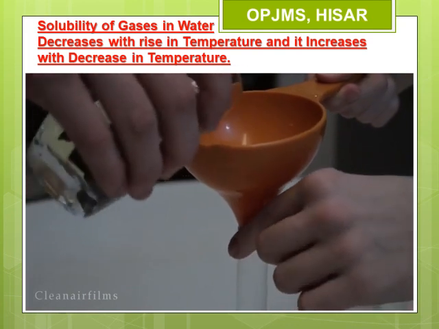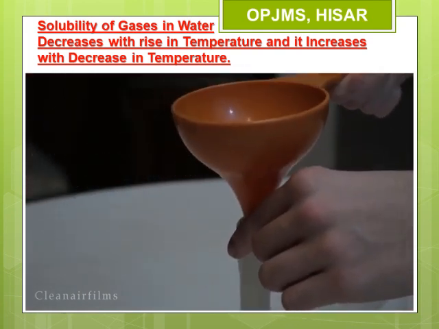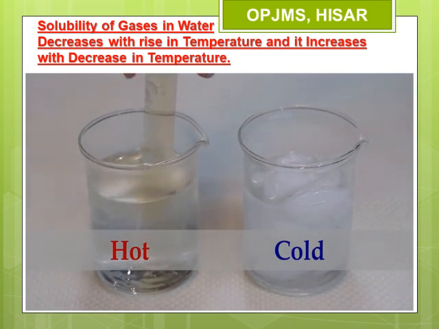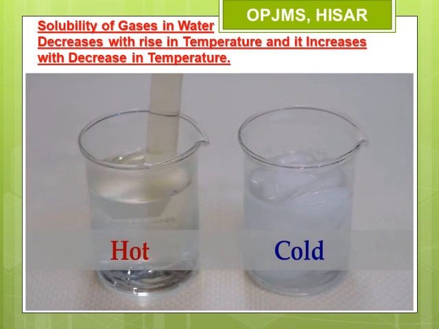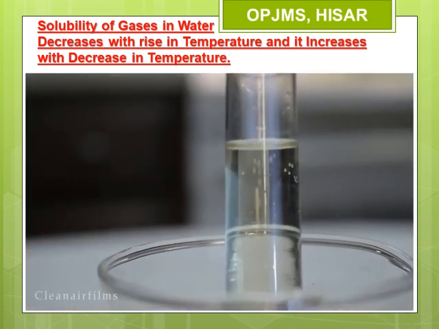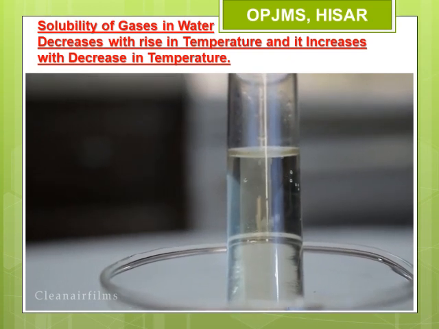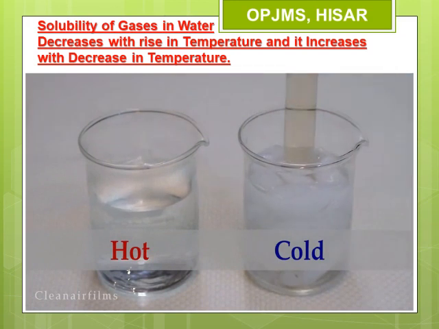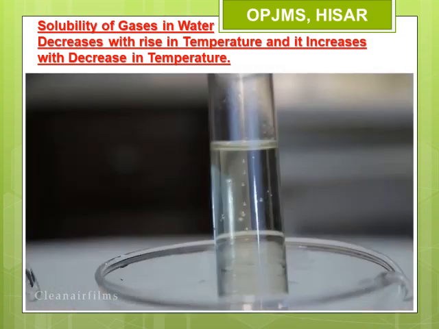Now pour a carbonated drink into a test tube. Place the test tube in the hot water. Notice the bubbles of carbon dioxide gas forming. Now place the test tube in the cold water. Notice how the bubbles slowed down?